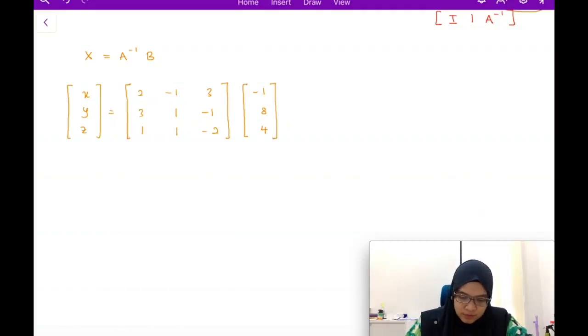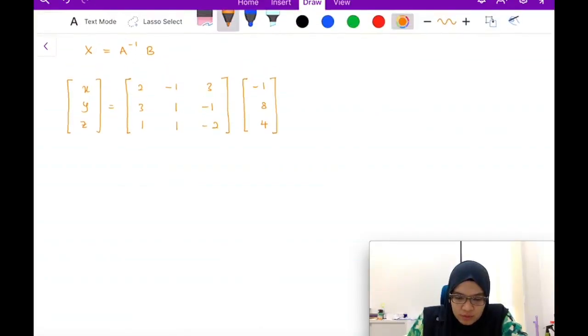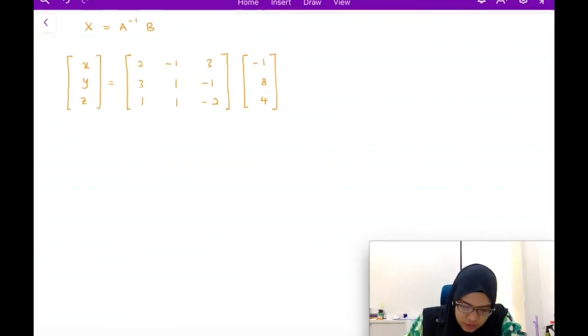We multiply row 1 with column 1, and we repeat the process for row 2 times column 1 and row 3 times column 1.